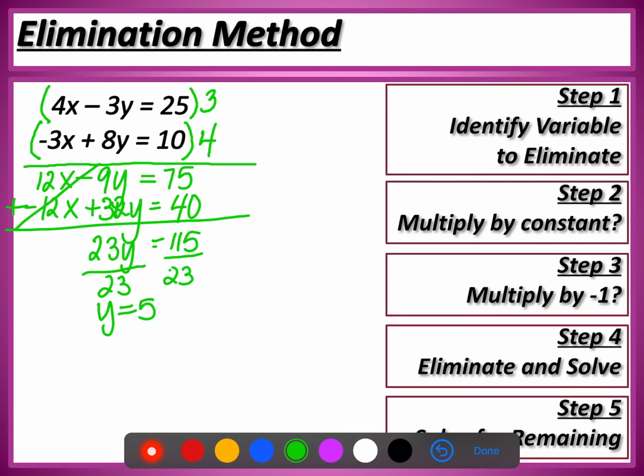and we have y equals 5. All right, so again, when I go back in to solve for my x, I'm just going to use one of those originals before I multiplied. But anything will do.